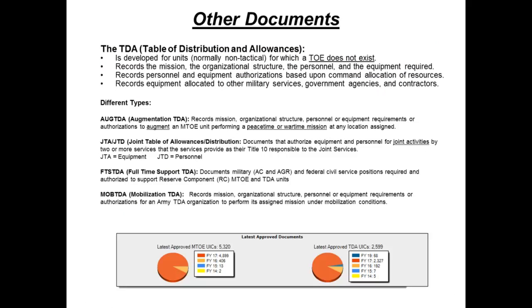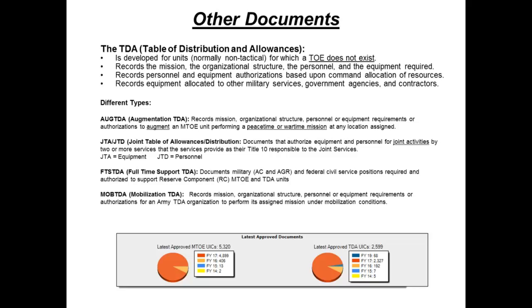All right, so other documents: we have the TDA for the operating force. These are things like MEDCOM, INSCOM, some of the staff, the ASCCs, things like that. You have augmentation TDAs for reservists. You have joint documents for what the services provide to the joint force, because there are no joint officers and no joint equipment.